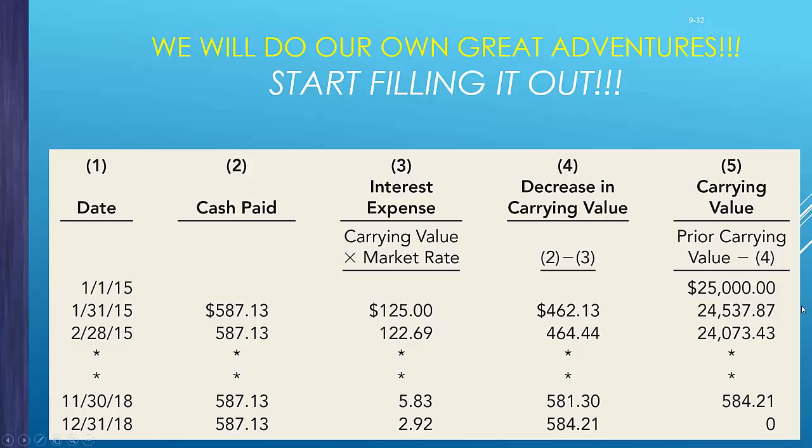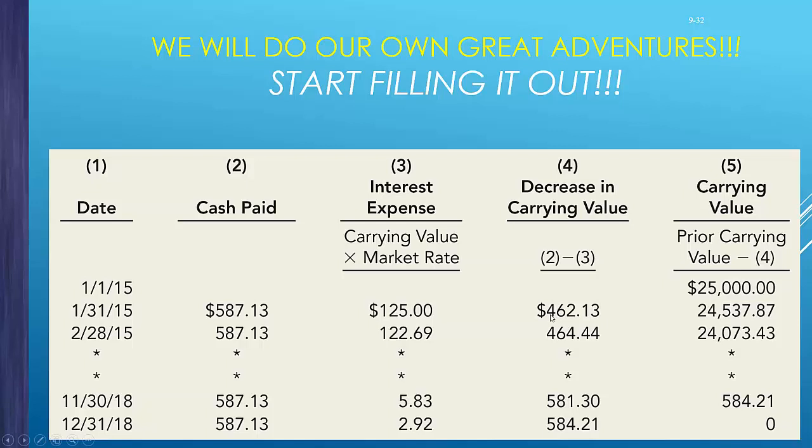So let's say I take out a loan for $25,000, and these are my monthly mortgage payments. And so what I do is I say, okay, I took out this much. How much is my interest expense? I take the $25,000 times the interest rate, and I come up with $125.